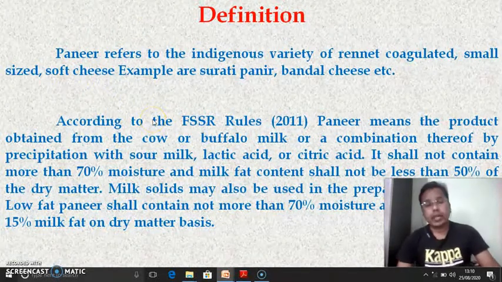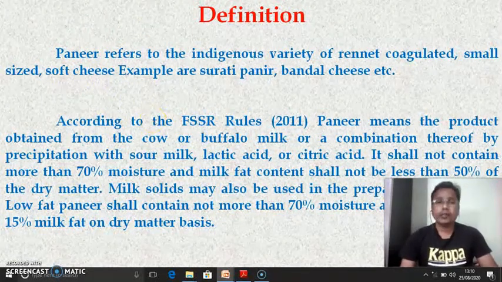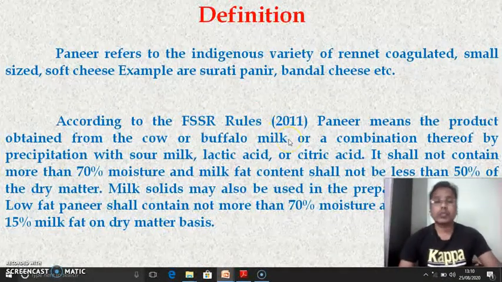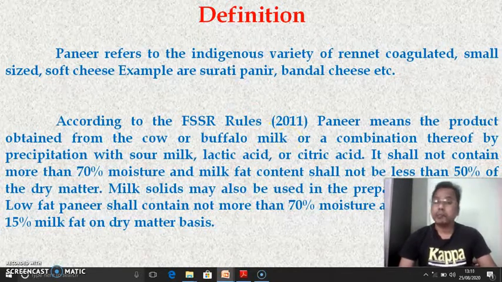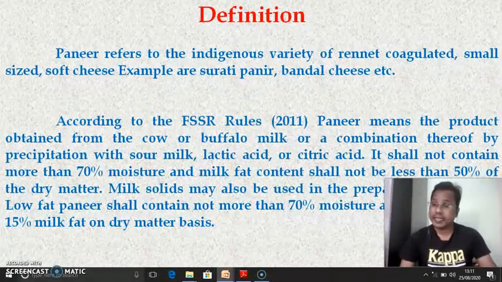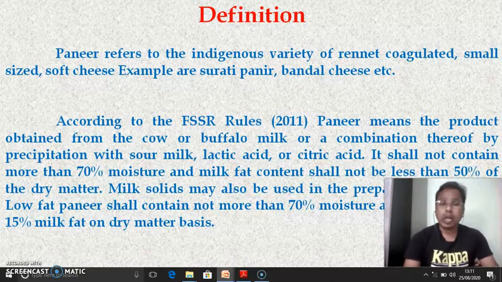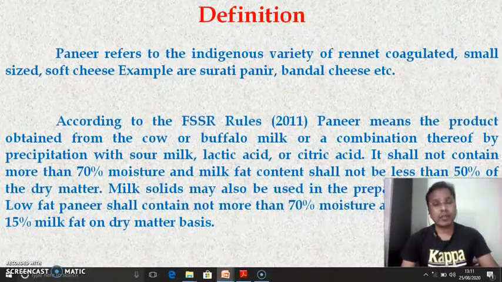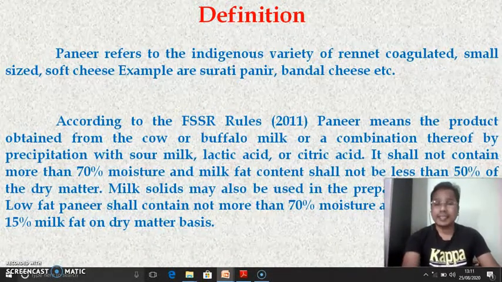According to the FSSR, Food Safety and Standards Regulations 2011, paneer may be defined as the product obtained from cow milk, buffalo milk, or a combination thereof by precipitation with sour milk, lactic acid, or citric acid.